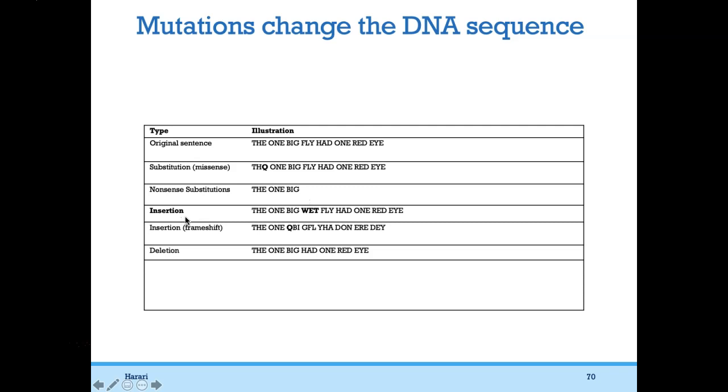An insertion of 3 letters wouldn't be that bad, right? If it's a 3-letter word, you could still read before and after, but it still might change the sentence a little bit. But if you add 1 or 2 letters or delete 1 or 2 letters, then you actually get into trouble because you shift the entire reading frame and then all the amino acids are different.